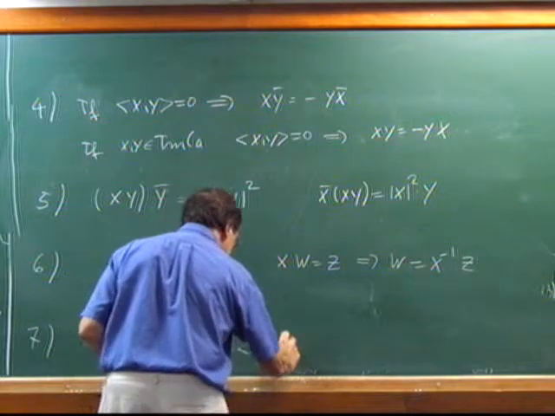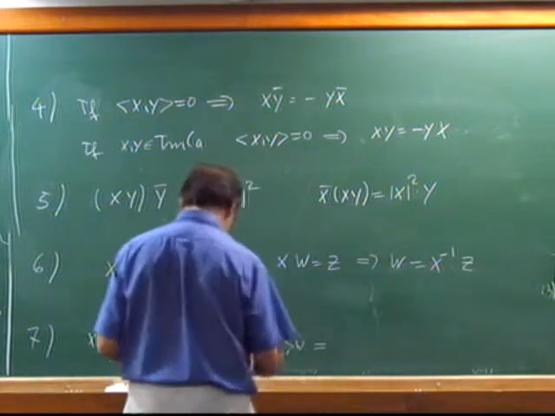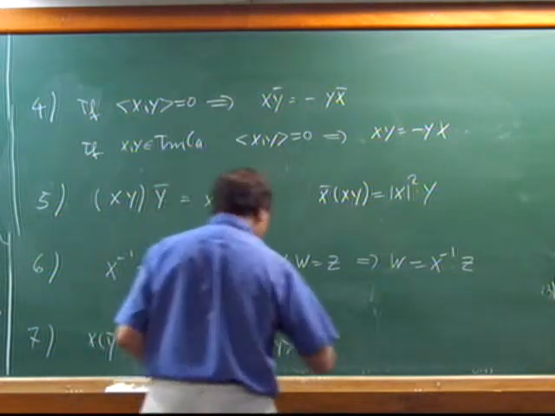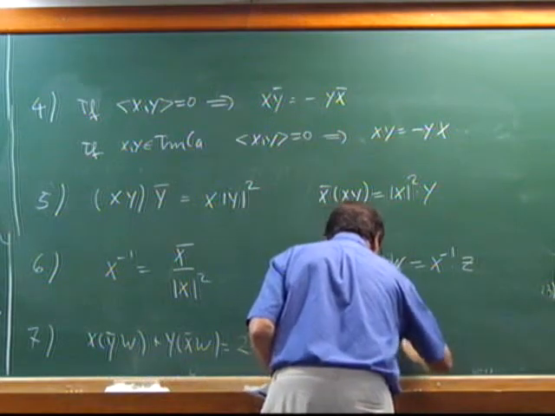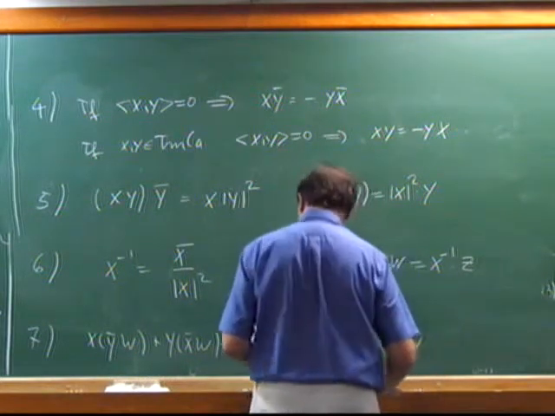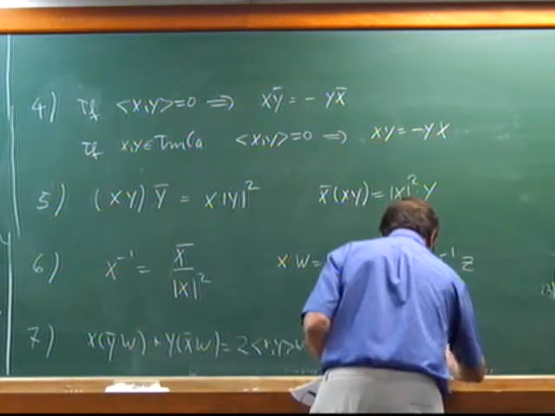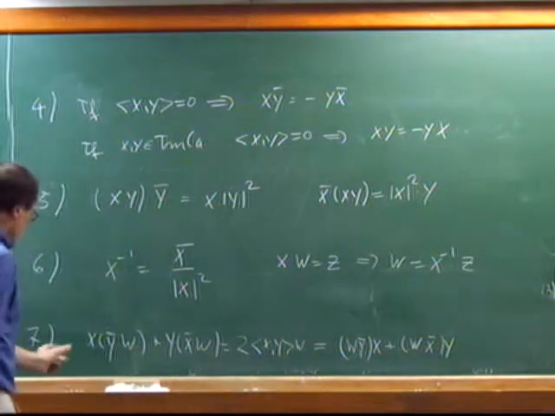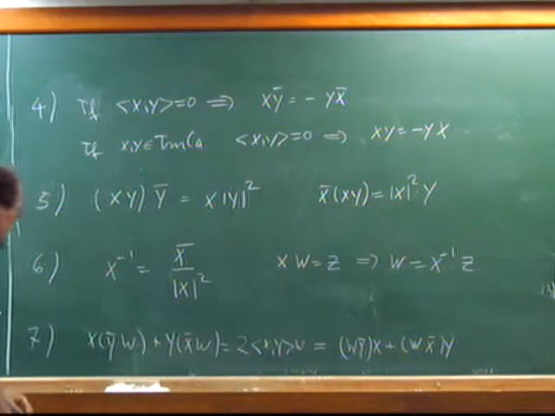You can also do it the other way around: w y bar x plus w x bar y. So I switch the x and the y around here, and the result is the same. It differs by an inner product.